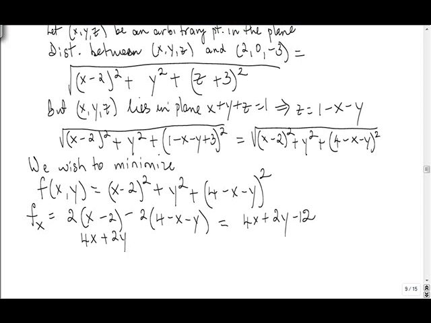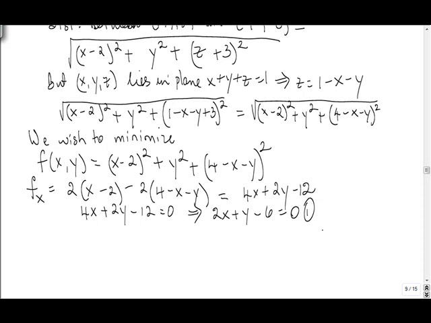4x plus 2y minus 12 equals 0. Reduce: 2x plus y minus 6 is 0. Call this 1. fy is 2y, and you get a minus again, 2 times 4 minus x minus y.